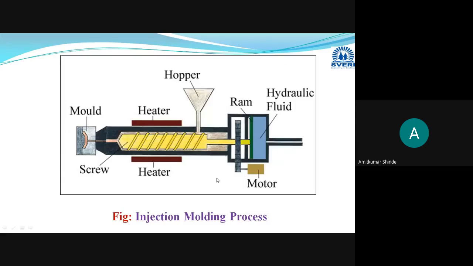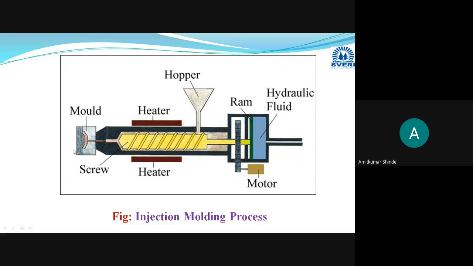And in the ram type injection molding, we are using a ram. It's just like a cylinder piston arrangement. With the help of hydraulic fluid, we are applying pressure on it so that the melted plastic material gets injected into the mold cavity.